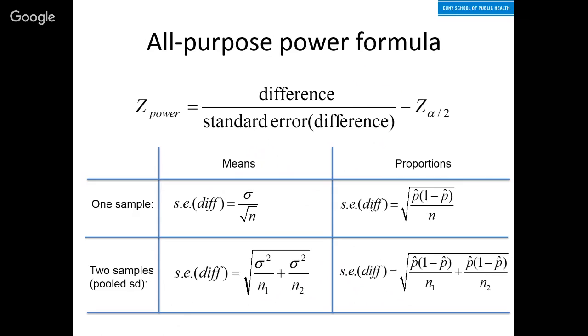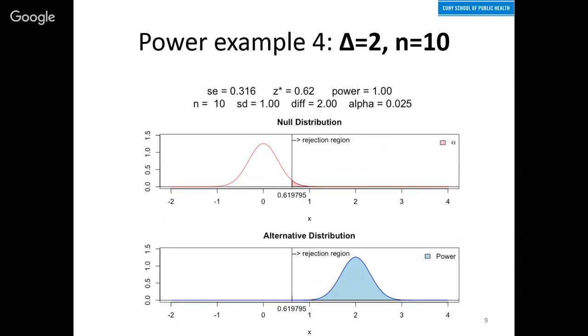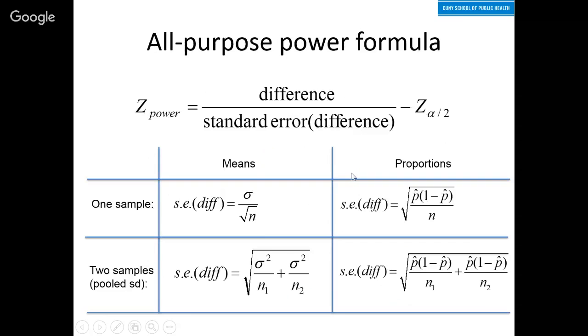Here is a so-called all-purpose power formula that you can use in a number of situations, and it is just based on this graphic here, that the critical value of z for your power analysis is just your hypothesized difference in the means between the alternative and the null divided by the standard error of that difference, minus your critical value of z under the null hypothesis.